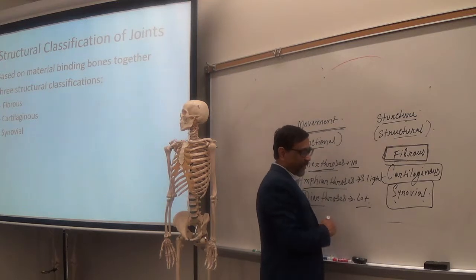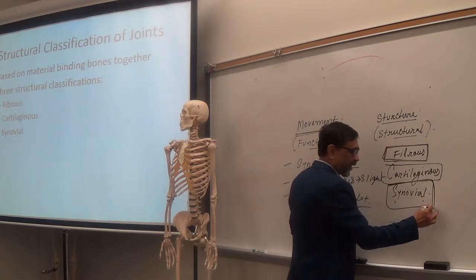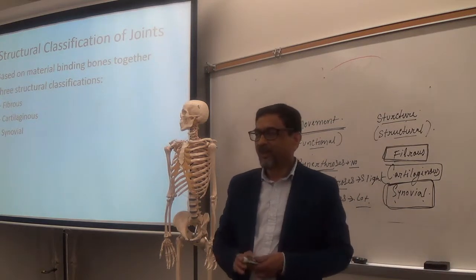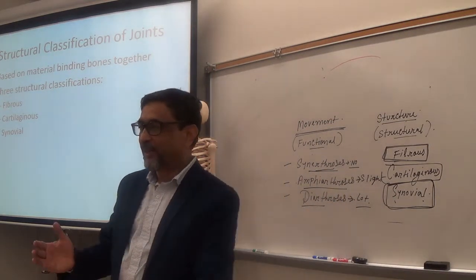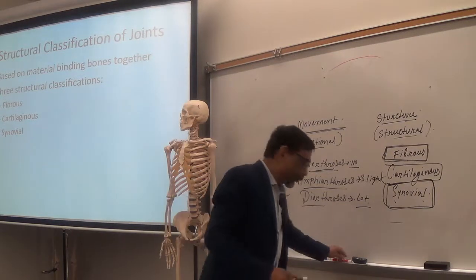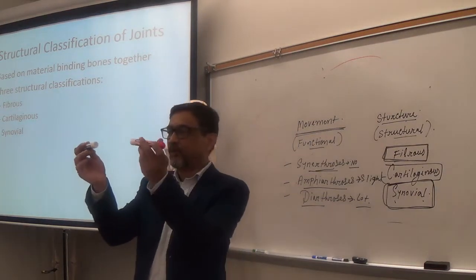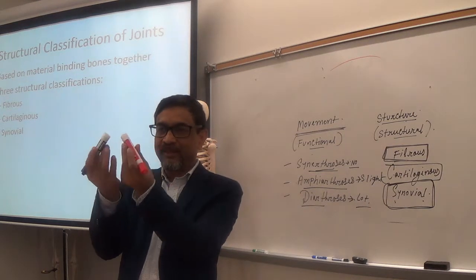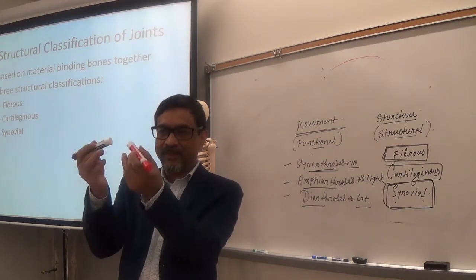Now, I mentioned that synovial is the most common type and most freely movable joints. Because now you understand, if you have two bones and there is a gap filled with fluid, right? You can have a lot of movement there. Makes sense?